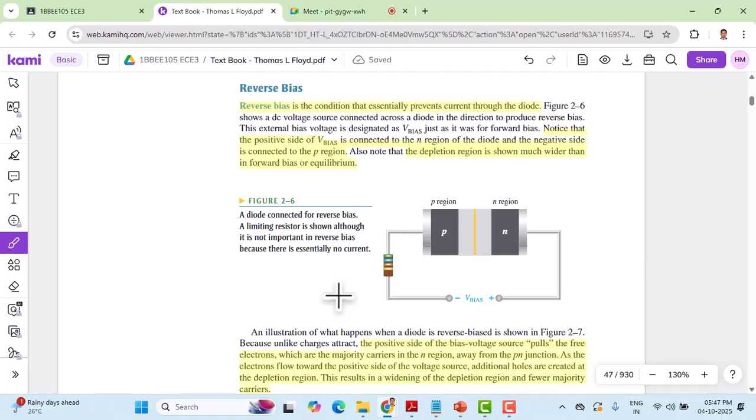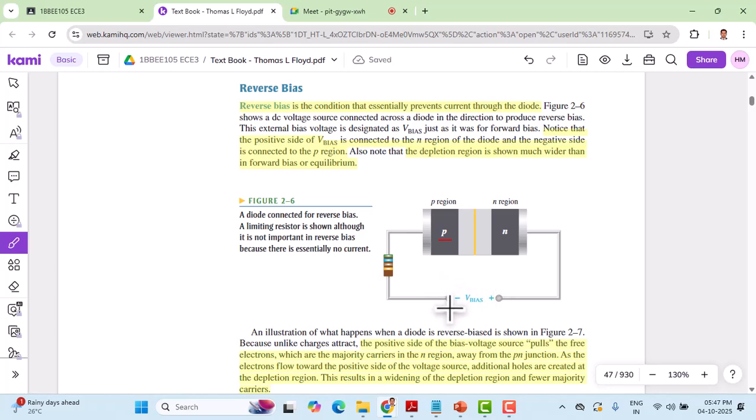Reverse bias is another type of voltage that we apply to the PN junctions. We have earlier seen connecting the p-type semiconductor to the positive, but now the p-type semiconductor is connected to the negative of a battery.